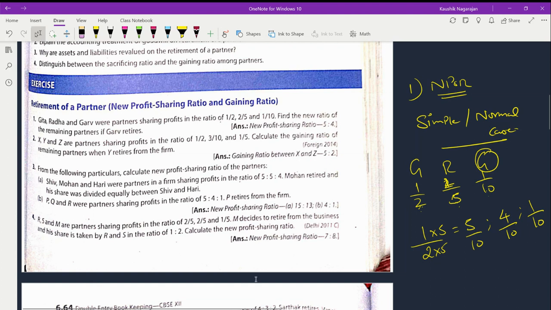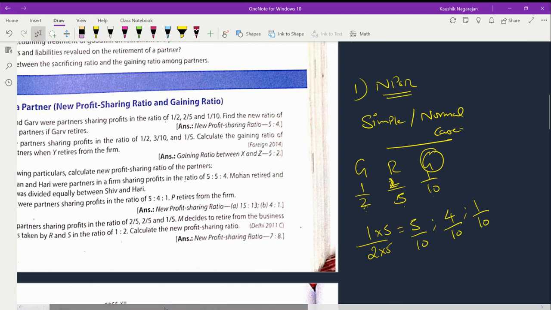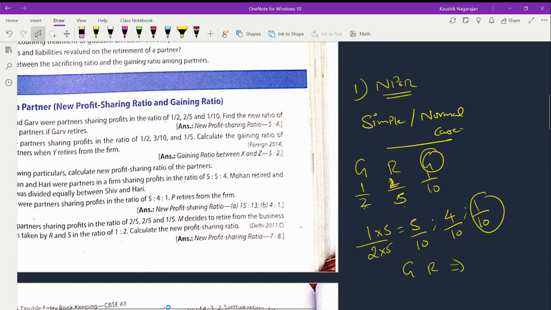Now we have got the profit shares of the partners. So after the retirement of Gar, the partners who are going to continue are G and R. So G and R are going to share their NPSR in the ratio of 5 is to 4. So you can just see here the new profit sharing ratio is 5 is to 4.